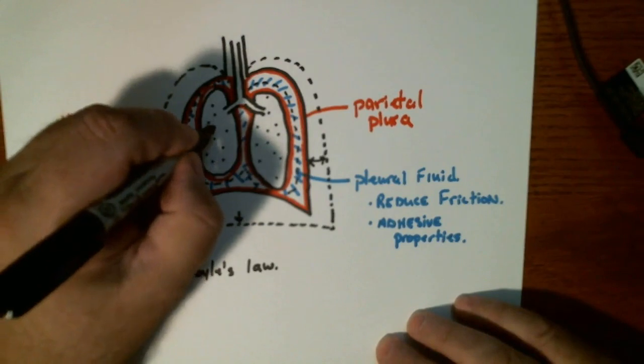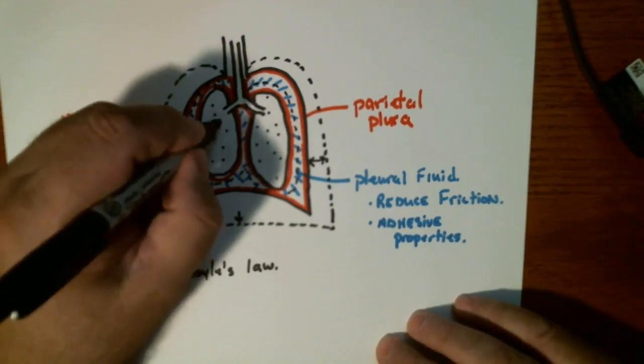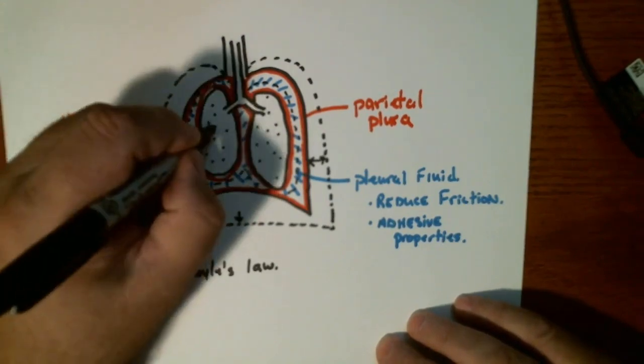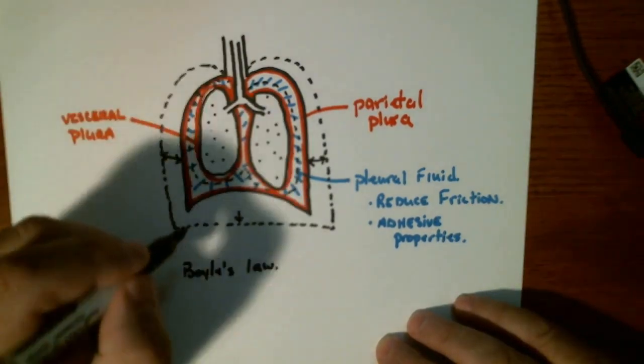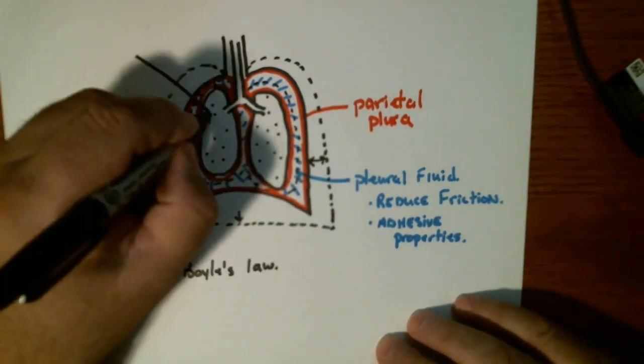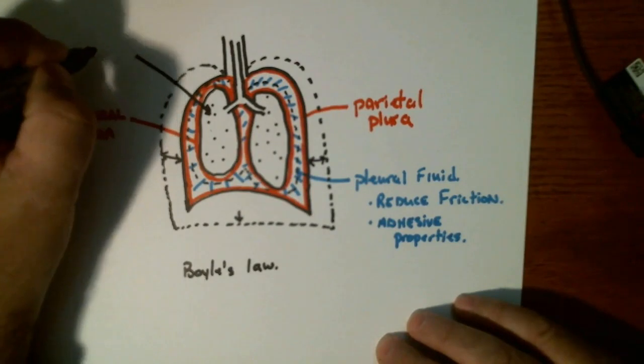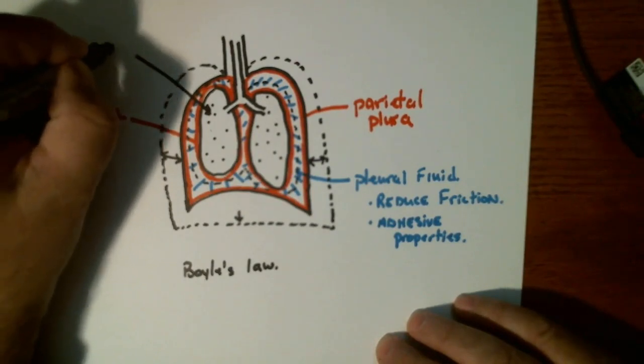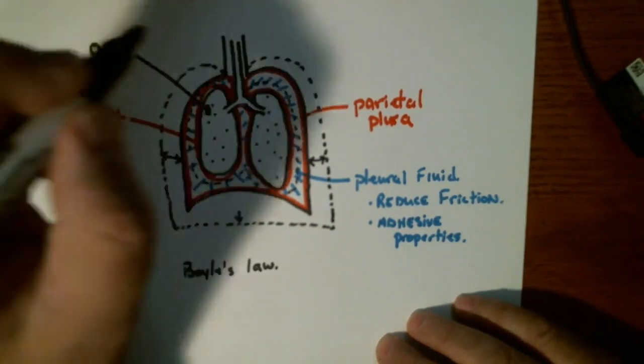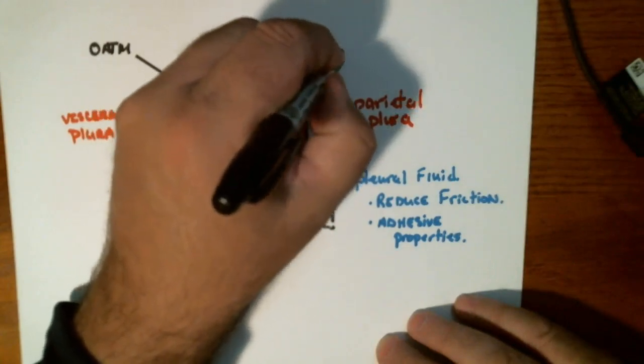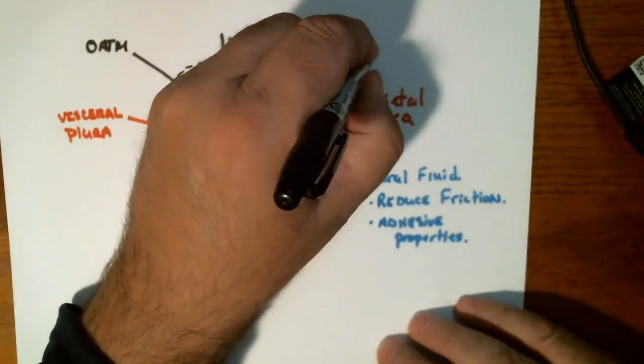So let's say that just prior to that inhalation, the atmospheric pressure and the lung pressure were both at 0 atmospheres. Okay, and we have 0 atmospheres out here.